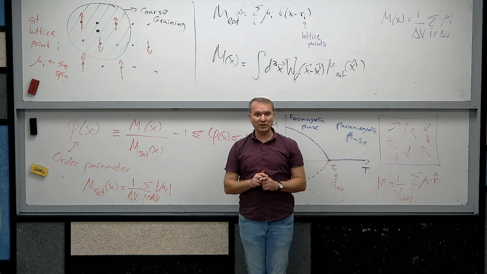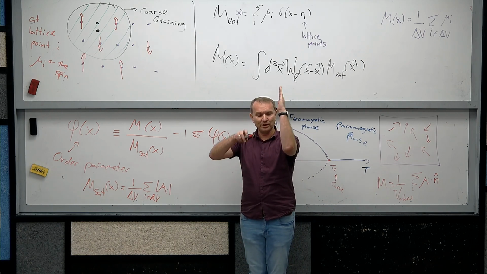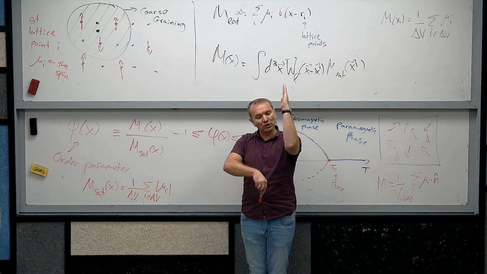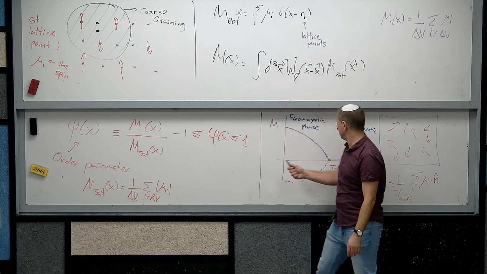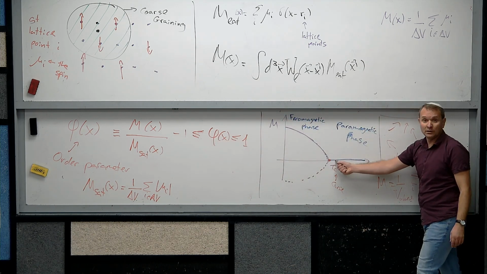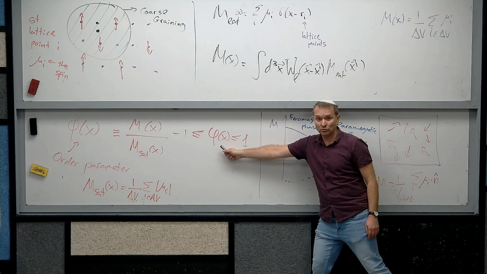0, if for example, let's just consider that I have only 2 spins. One is pointing up, the other one is pointing down. So what is the order parameter? It's 0 because I sum +1 and -1. So this is when this order parameter field is 0.